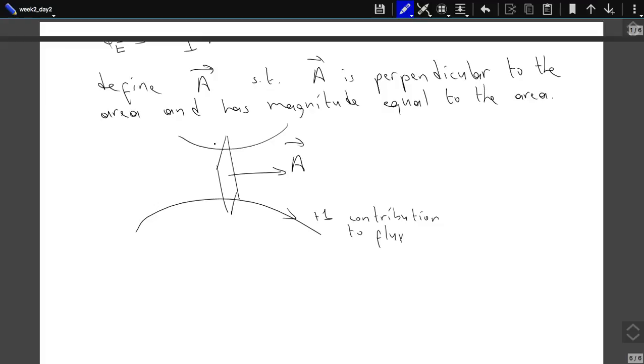And this one would be a -1 contribution. So the choice of this direction also allows you to take into account the direction that the electric field line goes through. Whether it goes in the direction of A or in the opposite direction, it will contribute differently.